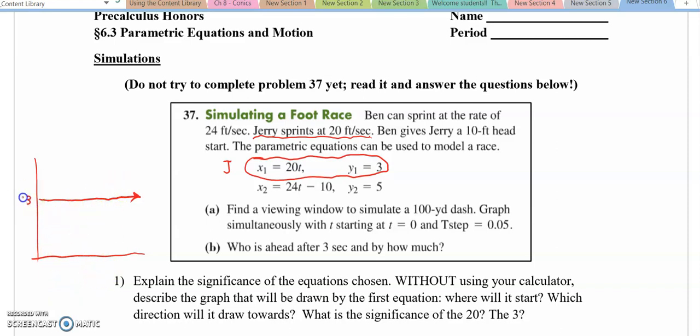So 3 is just an arbitrary y value so that Jerry's position will be plotted along the horizontal line y = 3. You can put it wherever is convenient to space it out according to your viewing window.